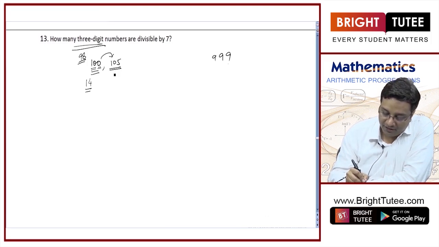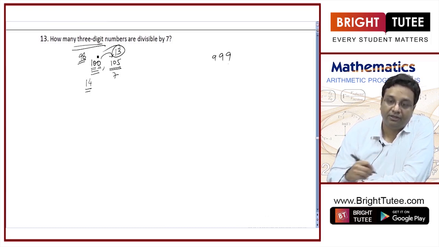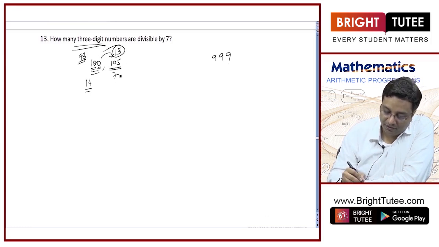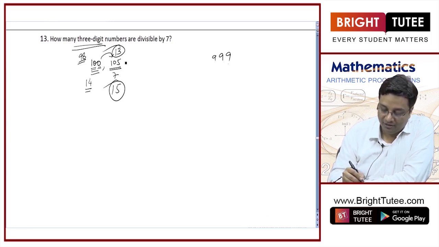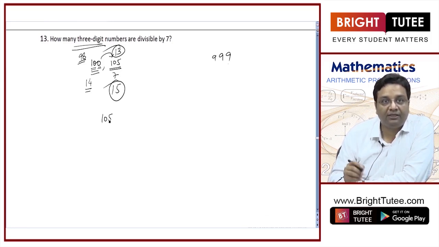You can divide it and see for yourself. If I divide 105 by 7, what will be the quotient? 15. 7 ones are 7, 5, 15, right? So 105 is the first 3-digit term which is divisible by 7.